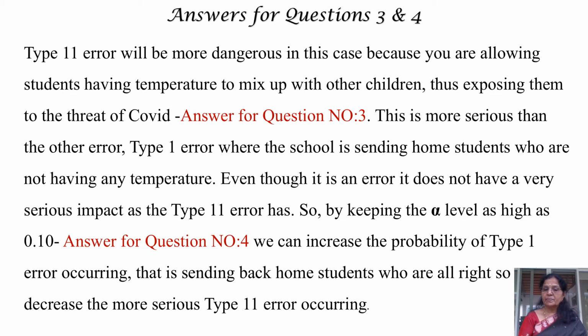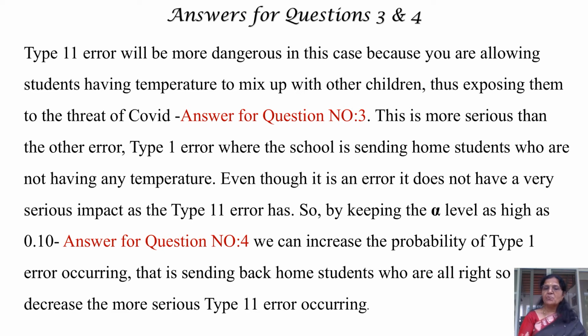What is the type 1 error? That we are sending home students who are not having temperature. Doesn't matter. Only the parents will come objecting to it. Why did you send my child back home? He's all right. He's not having temperature. He missed his class. He missed his drawing class. He missed his PT class. So that we can manage. That is not very serious.